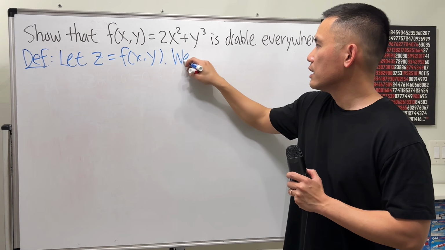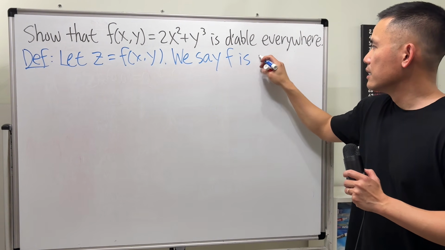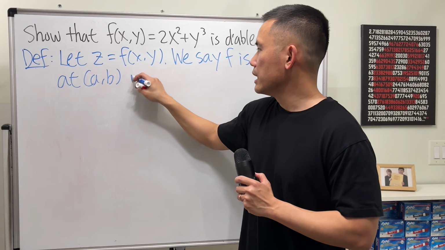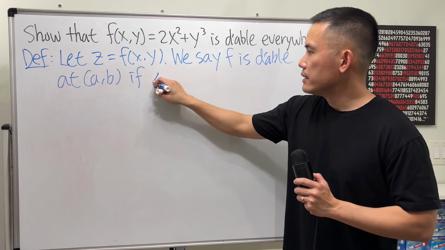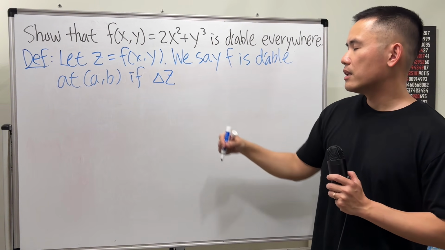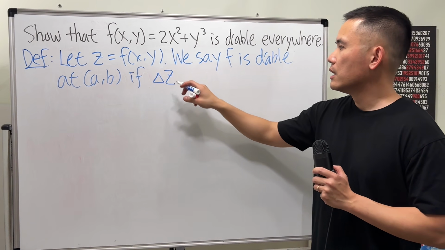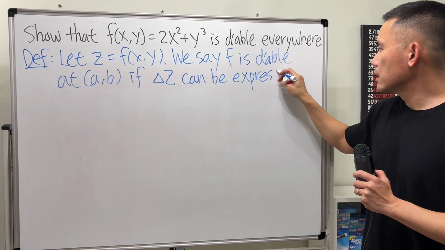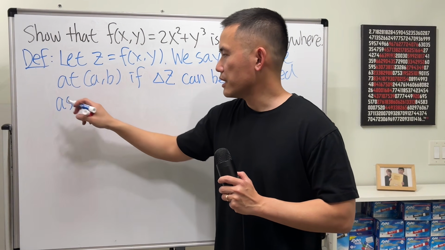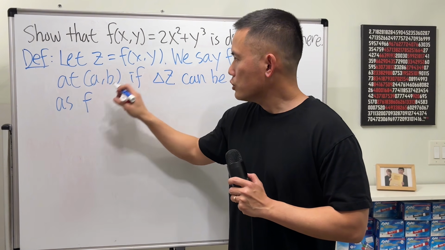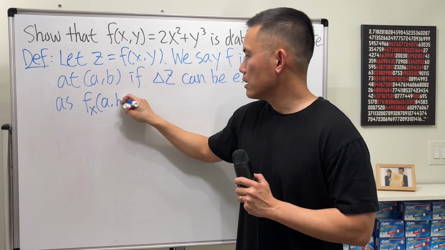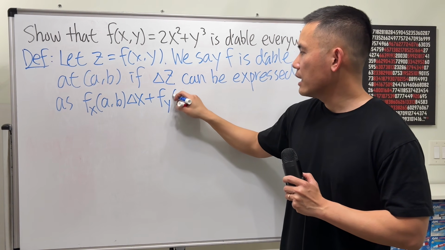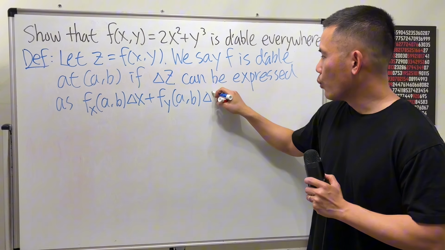And we say f is differentiable at the point (a, b) if, here's the key, delta z can be expressed as, and here's the formula: partial of f with respect to x at (a, b) times delta x plus partial of f with respect to y at (a, b) times delta y.